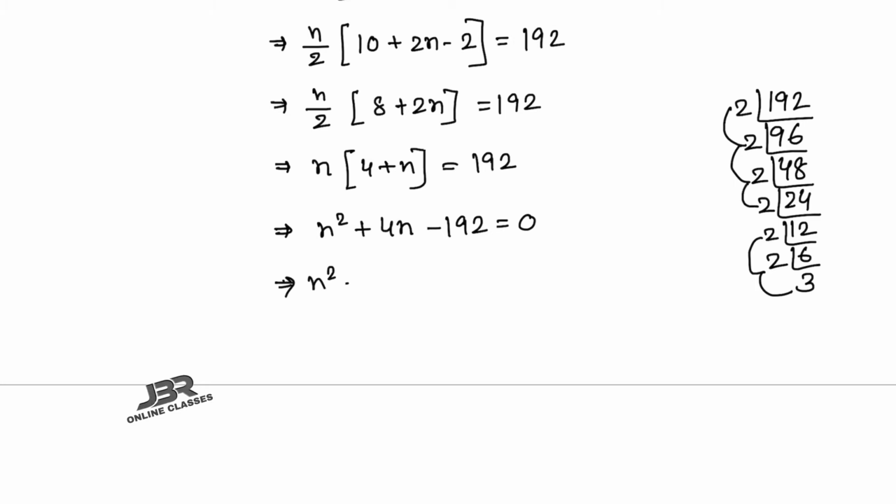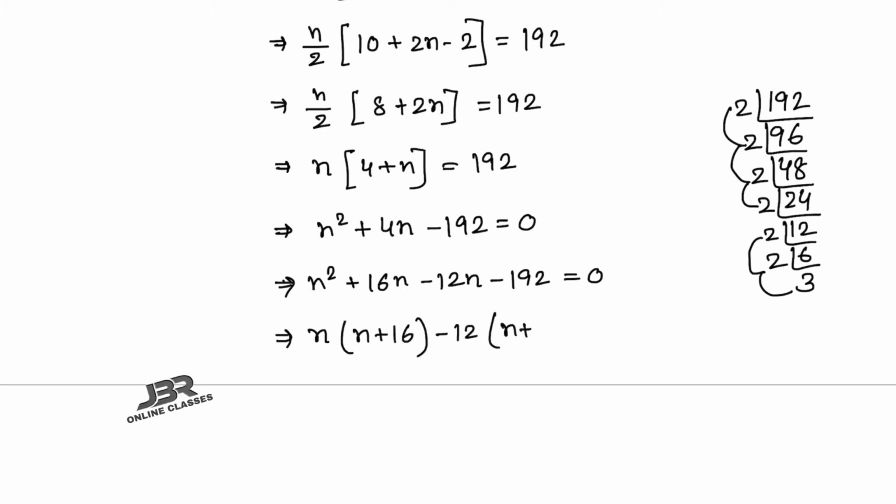So that means n square plus 16n minus 12n minus 192, that equals 0. If you take n common, it becomes n plus 16. Take 12 common, it becomes again n plus 16. So that means n plus 16 is the first factor, and the second one n minus 12.